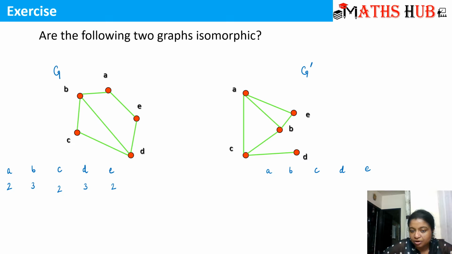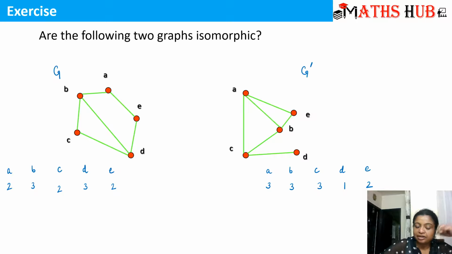Now let's talk about vertex A in G dash. It has degree 3. B has degree 3. C has degree 3. D has degree 1. So can we say that G and G dash are isomorphic?